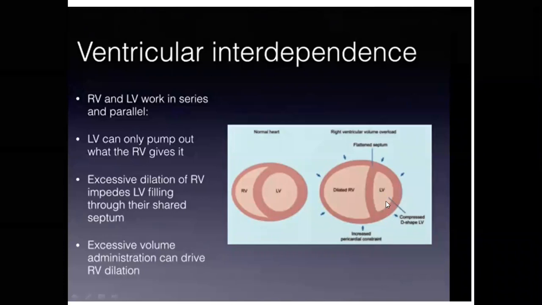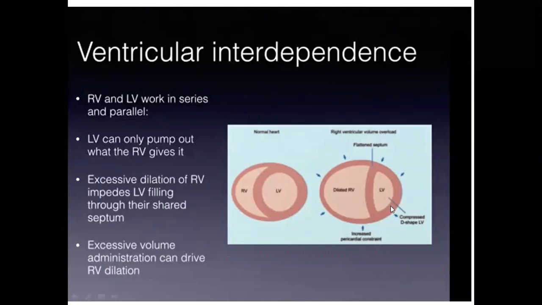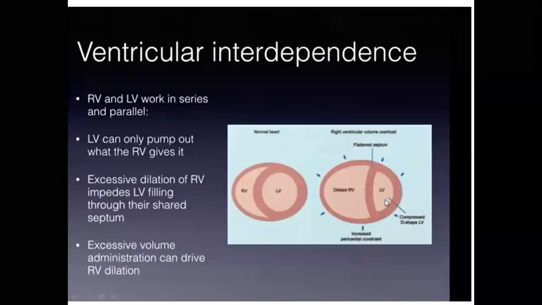Okay. And this will result in abnormal filling of the left ventricle and an increase in the diastolic LV pressure, which is responsible for some manifestations of right ventricular pathology. So this interventricular interdependence is very important to conceptualize certain RV pathologies.